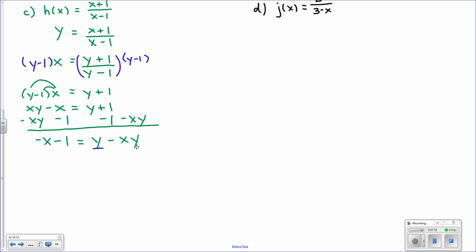Well, they have a y in common. So we can factor out our GCF. We're going to factor out y, and we're left with 1 minus x equals negative x minus 1. So we factored out y as a GCF.